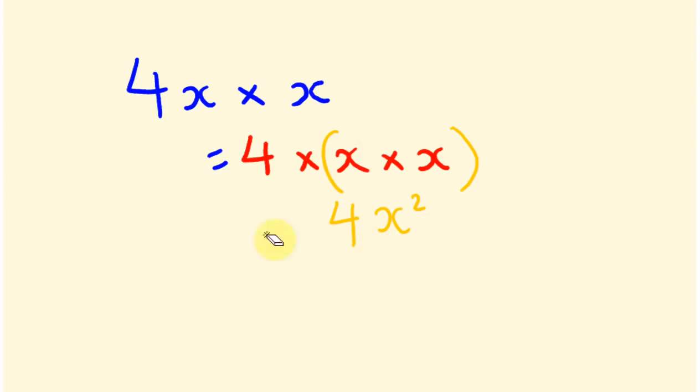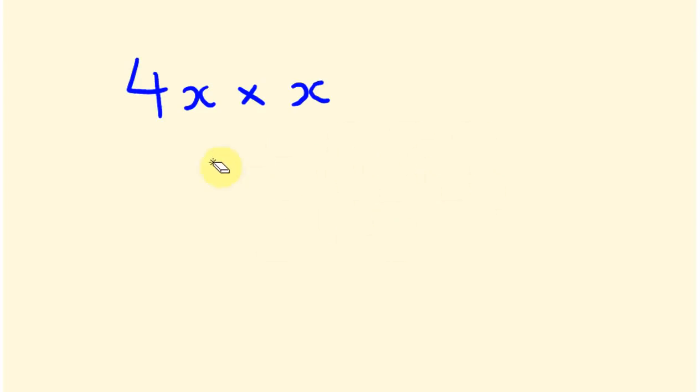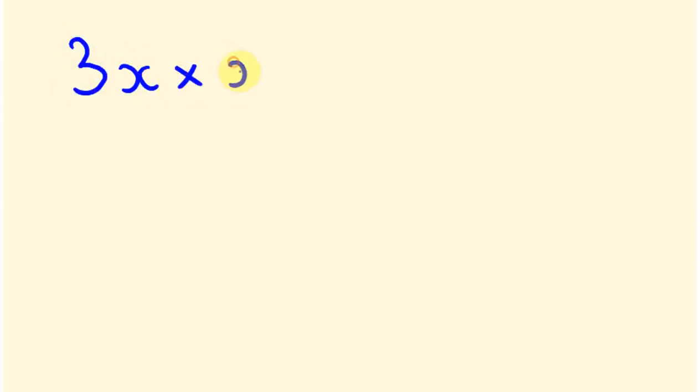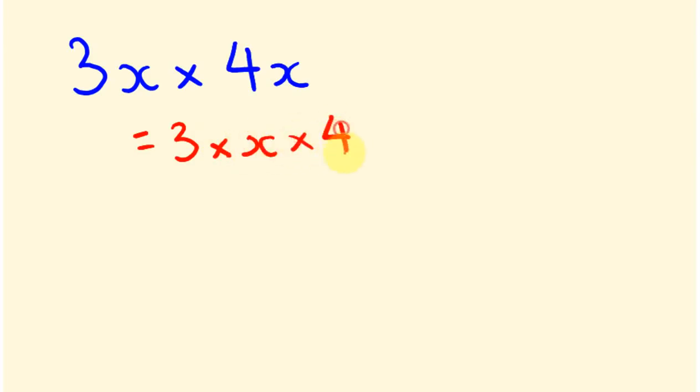I'm about to give you one of these. What about we do 3x times, I'll even go a step further, I'll do it times 4x. So first off, write it all out. So we have 3 times x times 4 times x.